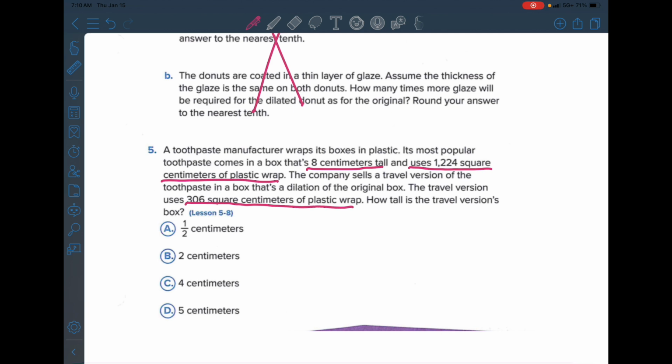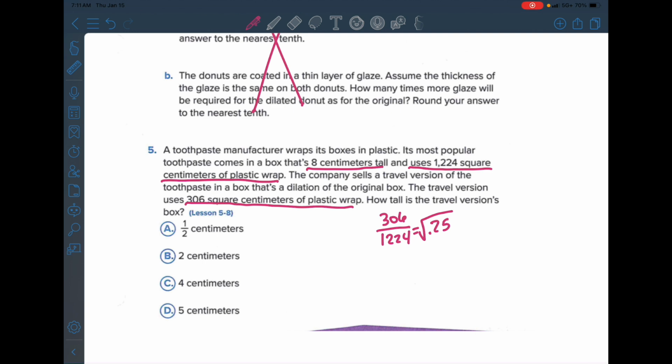So we're going to have to find the scale factor and then figure it out. So we're going to take our original surface area, which is this, and we're going to divide it into our new surface area. And we're talking about surface area because that's how much it's wrapped. So we take 306 divided by 1224. And we get 0.25, and because it's area, we're taking the square root of that.